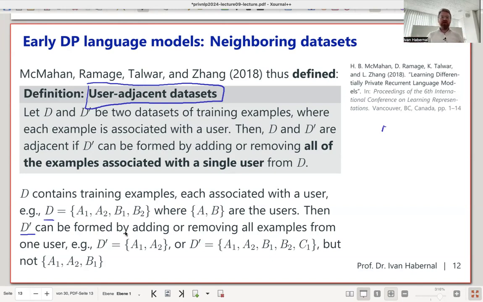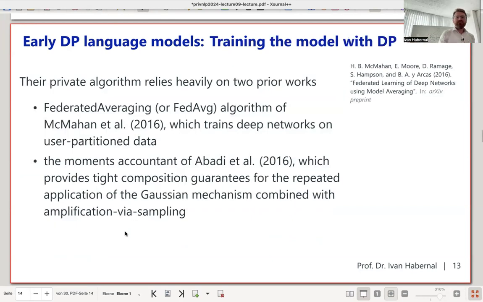Let's pretend this is really okay. Since we have neighboring data sets, we can use the typical tricks we have in DPSGD. Their language model relies on two prior works. One is federated averaging, which I'll talk about on the next slide, which trains deep networks on user-partitioned data. So federated learning is a thing.